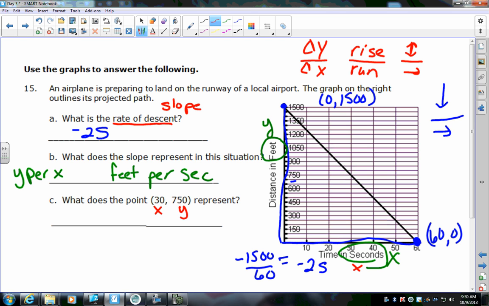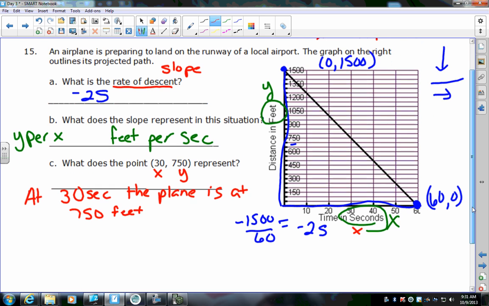The x is the number of seconds, so it means that at 30 seconds, the plane is at 750 feet, because the y is the feet. So when they give you an ordered pair, you just look at what the x number is and then what the label is on the x-axis to tell you what it is.